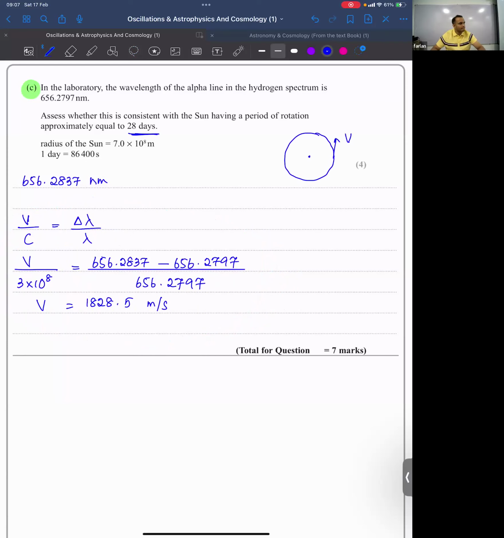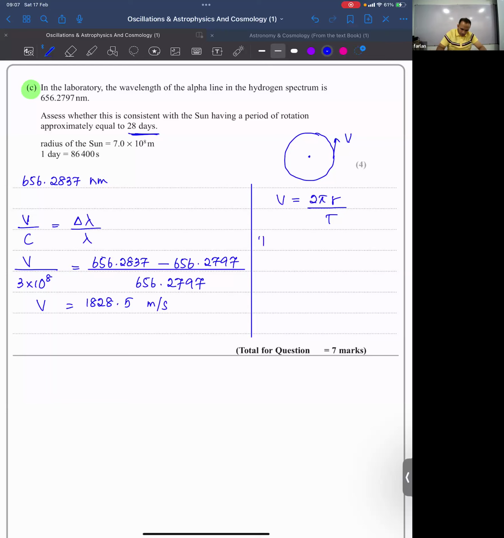So I can take V equals 2 pi r over t. Speed is equal to 2 pi r, the circumference of the sun, over t, the time taken for one complete rotation. The t is what I want to find.